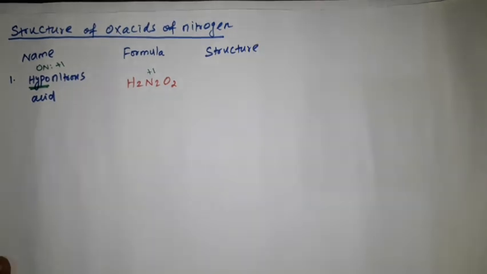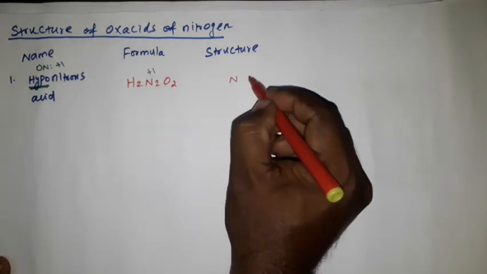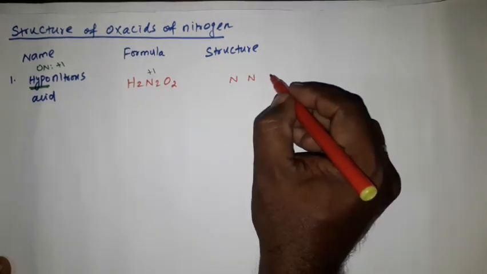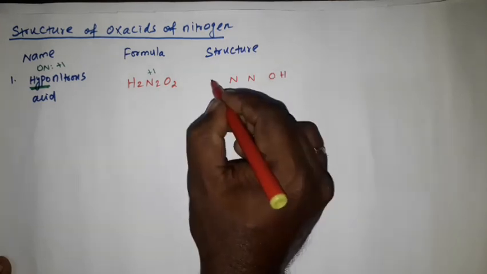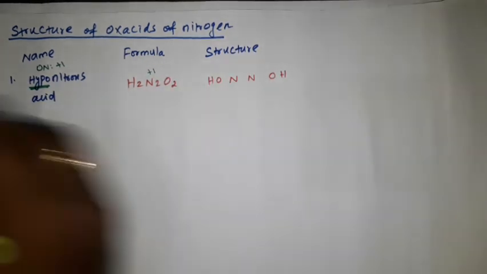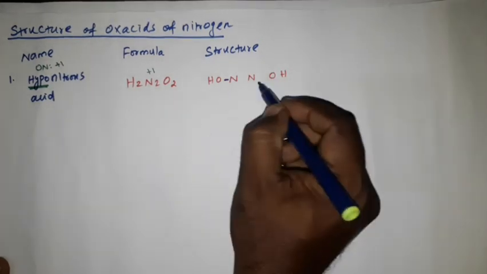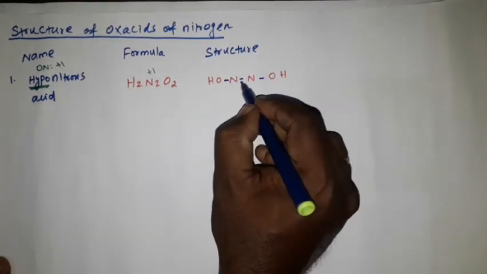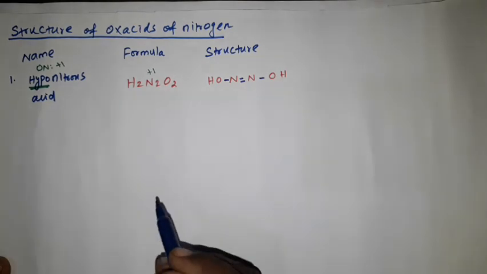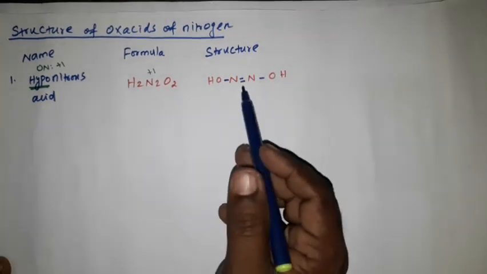That structure is very simple. So there are two nitrogen atoms, one side OH, another side OH. Between this, single bond, and here double bond. How these structures?